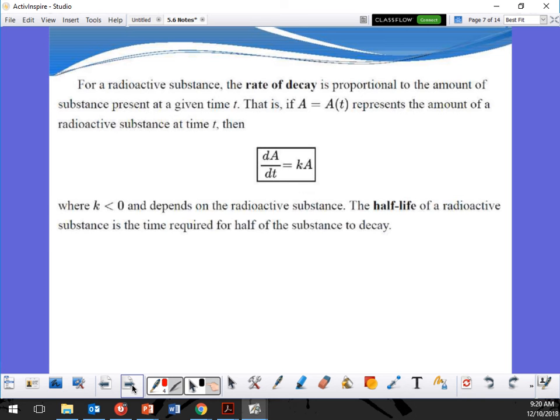So given the initial amount, the half-life means how much is left. Half of it is left. It's half of my initial quantity. Given whatever type of substance it is, it's going to have different rates.